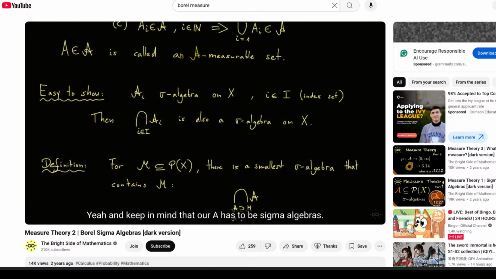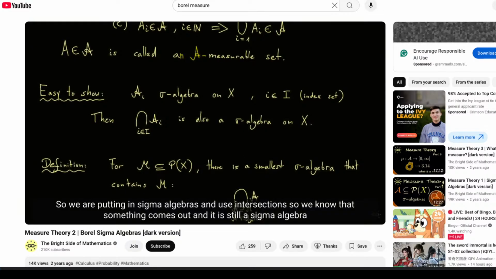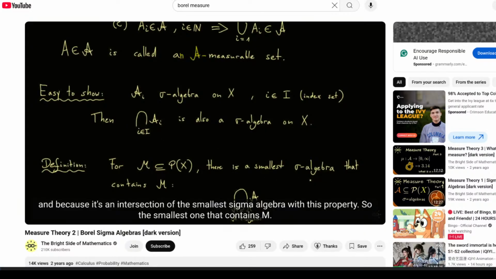And keep in mind, our A has to be sigma algebras. So we're putting in sigma algebras and use the intersection, so we know something comes out and it's still a sigma algebra. And because it's the intersection, it's the smallest sigma algebra with this property.